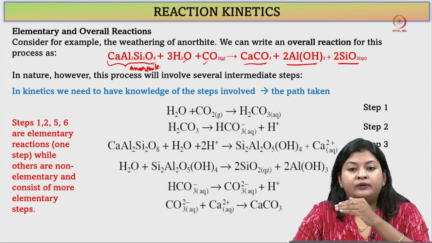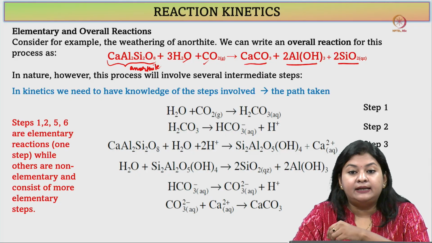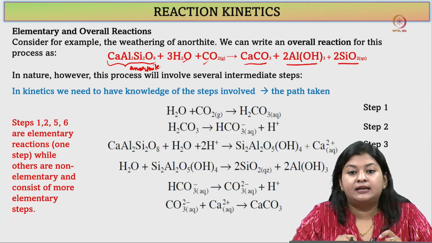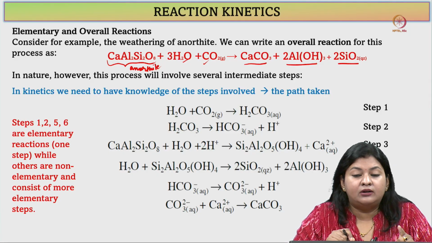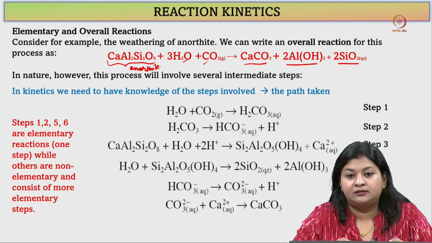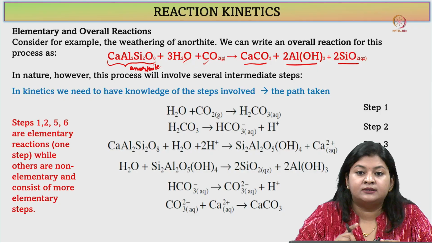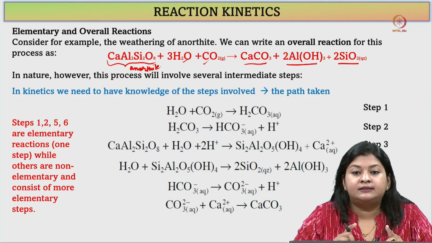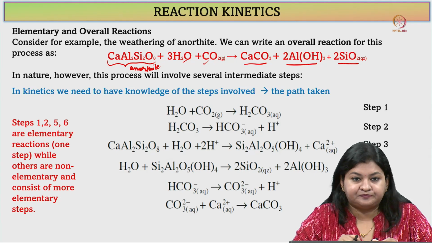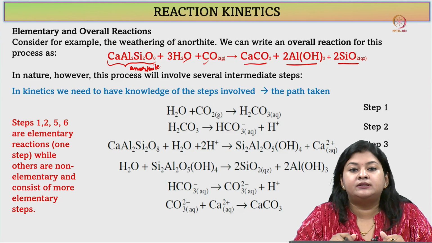But if we are going to consider the kinetics, we are going to consider all the steps that anorthite has taken, starting from the formation of carbonic acid from carbon dioxide dissolution into water, to form all these products. Now, let us break down this reaction.